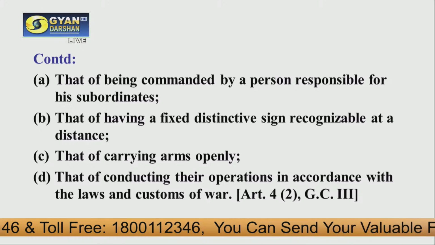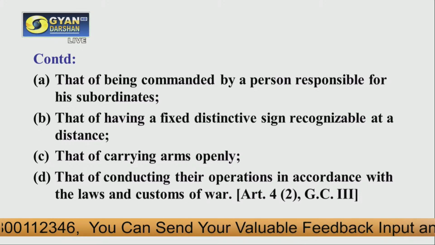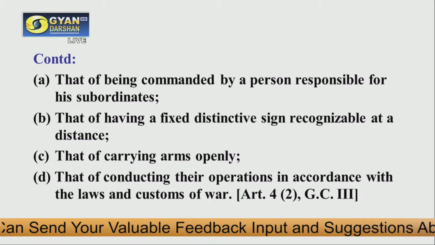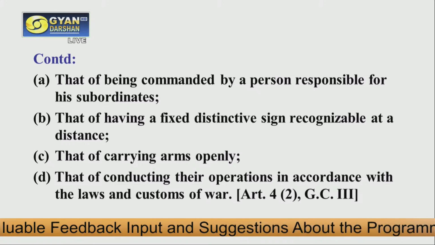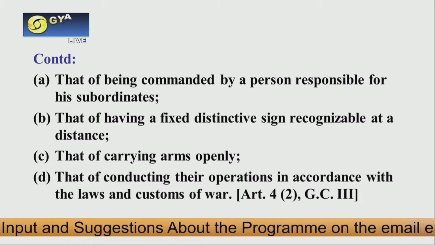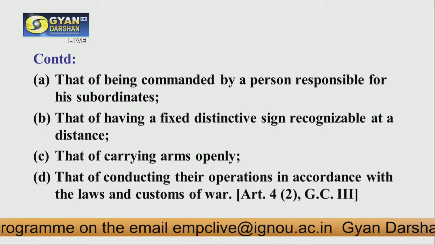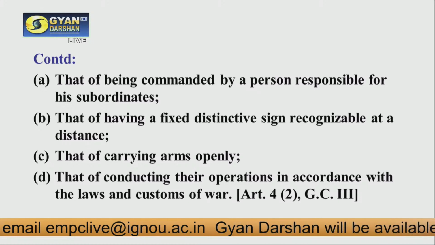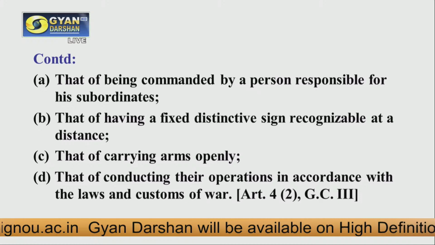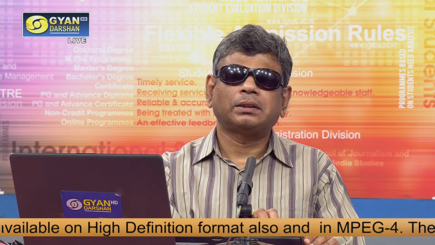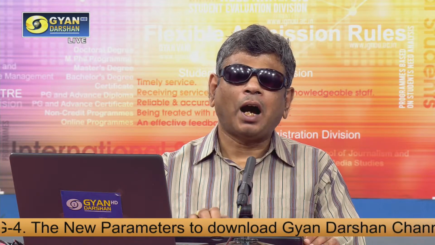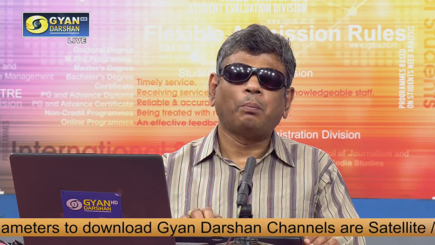Their symbols, their identity, their emblems should be distinguishable from a distance, and they should be under the command of a commander. So for combatants, there should be a kind of organized forces which are participating in the armed conflict, and that of carrying arms openly.